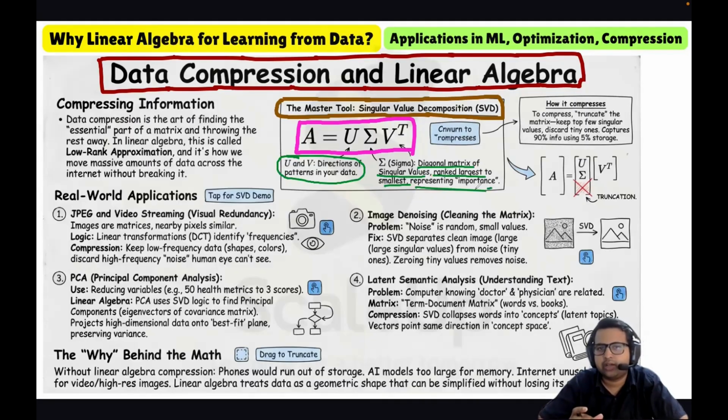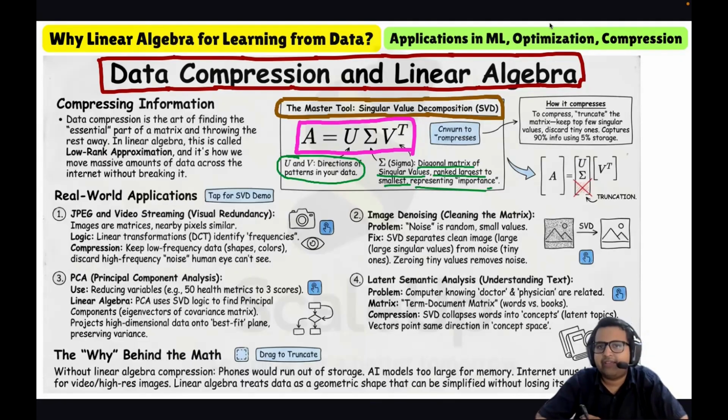So in a singular value decomposition, we decompose any matrix A into three parts: U, sigma, V transpose.